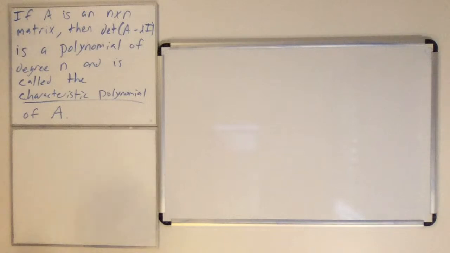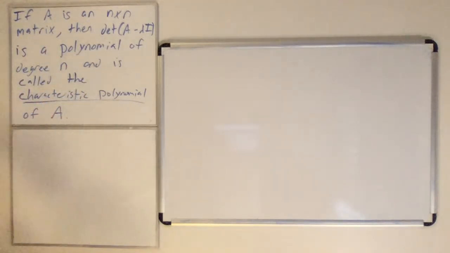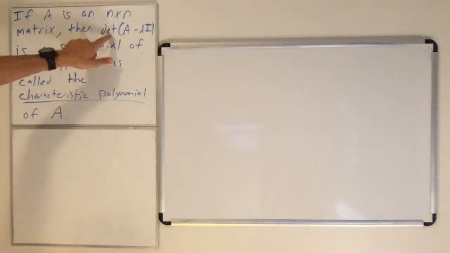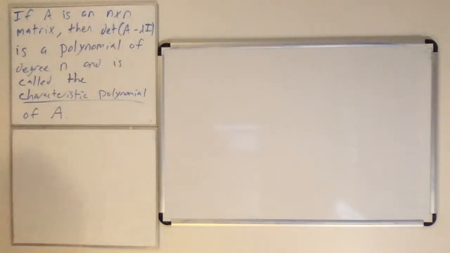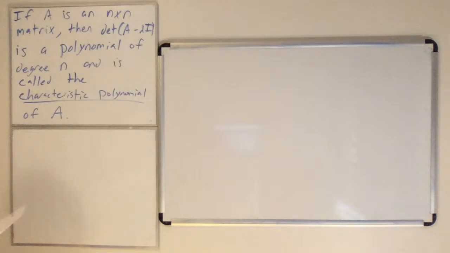Okay. So it's just some more terminology. So instead of saying characteristic equation, which is when we took our determinant of A minus lambda I and set it equal to 0, this is just saying what's the left-hand part of that equation. That's the characteristic polynomial.